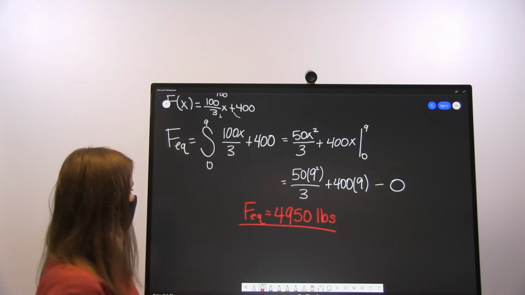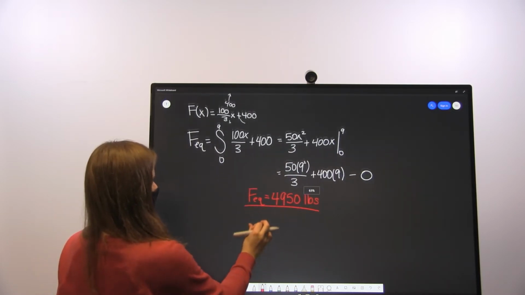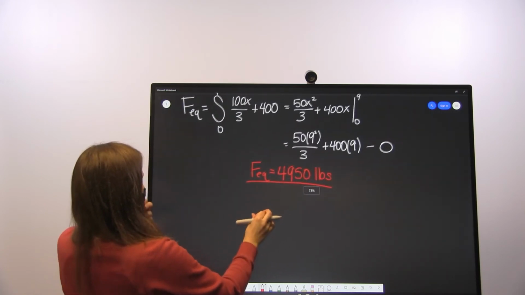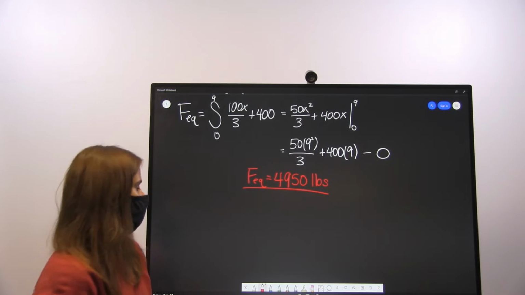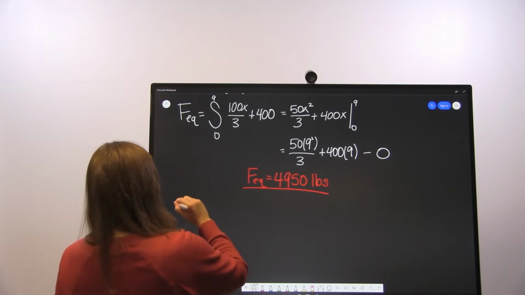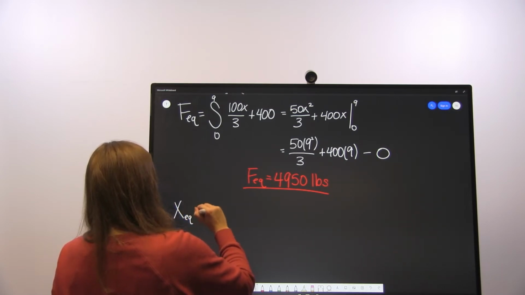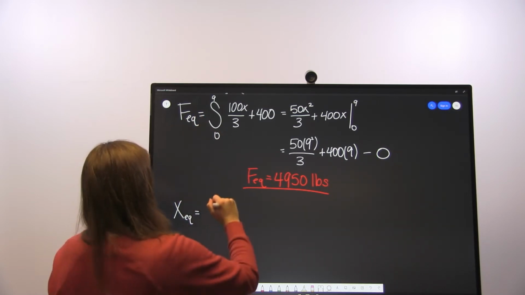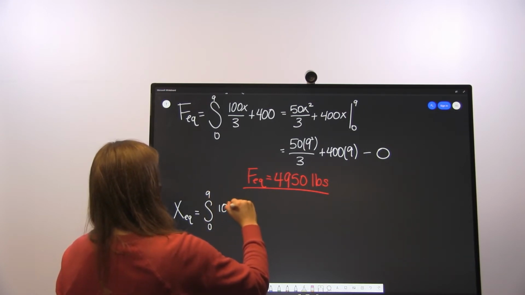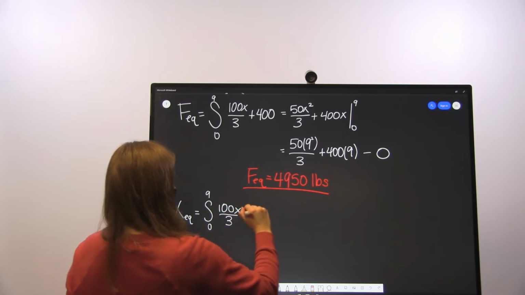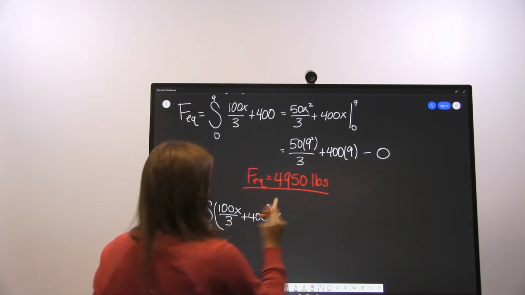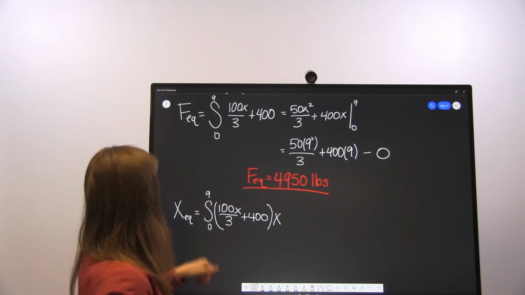So now that we have our equivalent force, we're going to want to move on to where it is, the point where it's distributed. That's going to be our x equivalent, and that is also taking the integral from 0 to 9 of 100 x divided by 3 plus 400, multiplied by x for our equivalent point.